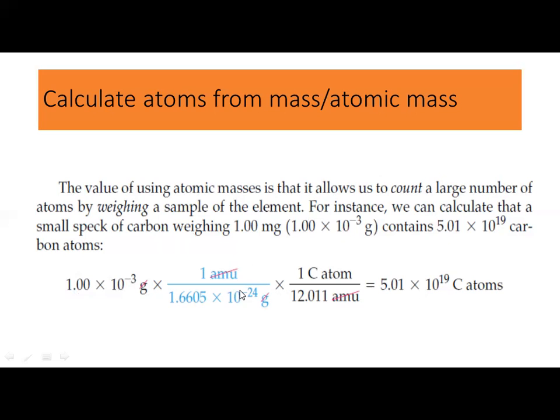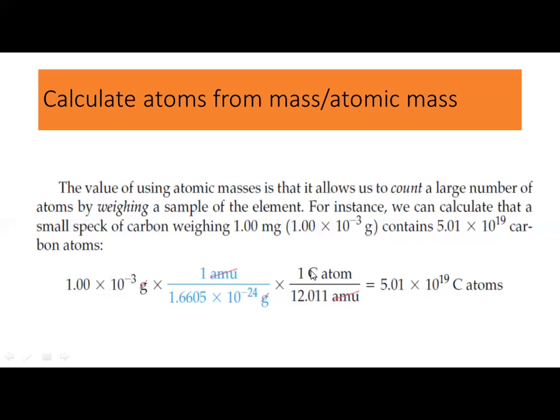You have to use it to convert into AMU or to gram. So 1 AMU is equal to 1.66 exponent minus 24 gram. This gram is going to cancel out, so AMU is left. Then I'm again multiplying with this factor.